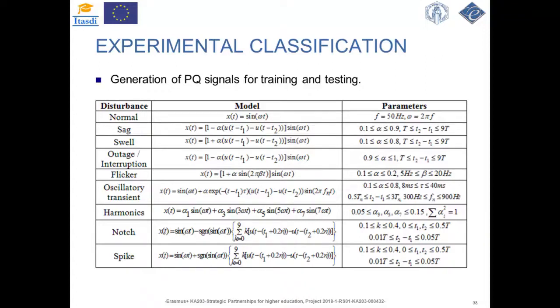The generation was made according to the mathematical definitions that are given in this table for the disturbances that are given, and that are normal or signal without a disturbance, sag, swell, voltage interruption, flicker, oscillatory transient, harmonics, notch, and spike.